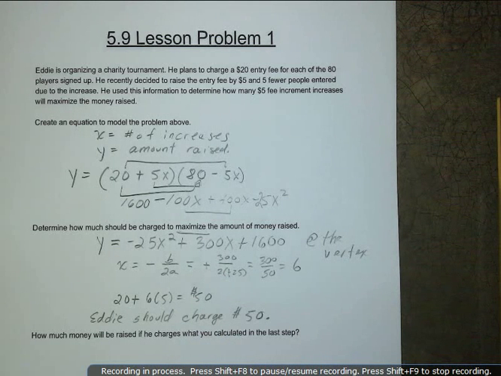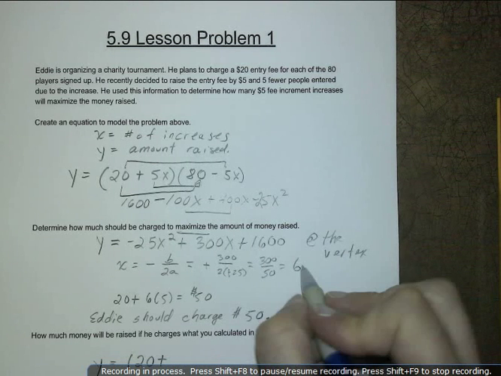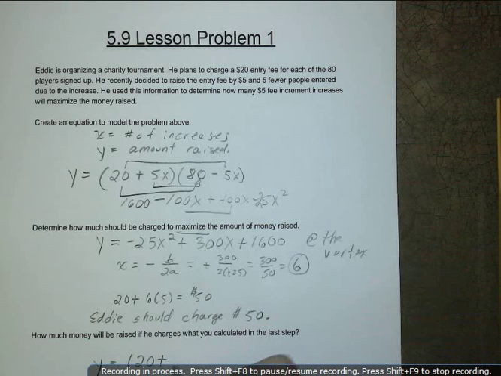Well, that's pretty simple. We can just plug it back in to the original. Y equals 20 plus, we're not going to put the 50 in, we're putting the 6 in. 5 times 6, and 80 minus 5 times 6. So 20 plus 5 times 6, that should look familiar. That's your $50.